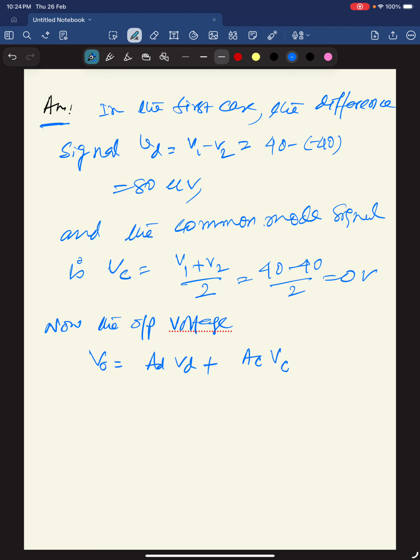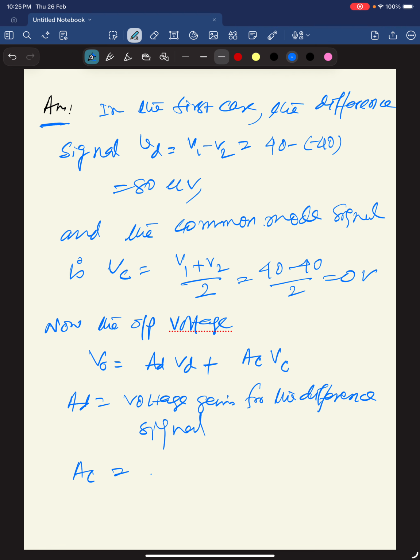We know that AD is the voltage gain for the difference signal, and AC is the voltage gain for the common mode signal. So now we got VD and VC.